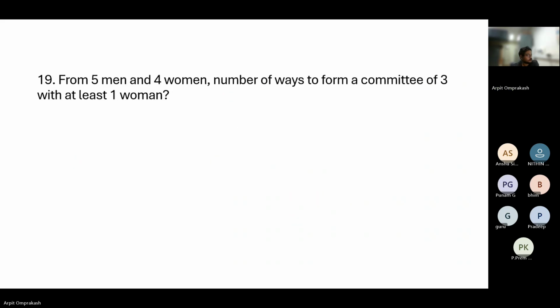The next question is, from 5 men and 4 women, the number of ways to form a committee of 3 with at least 1 woman is dash. How do you tackle these kinds of questions?